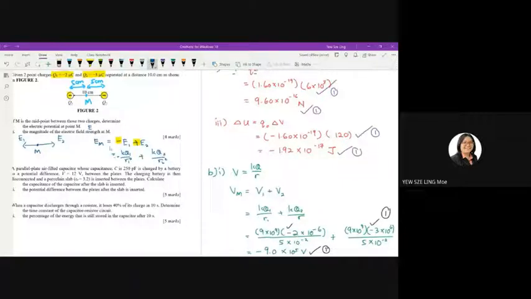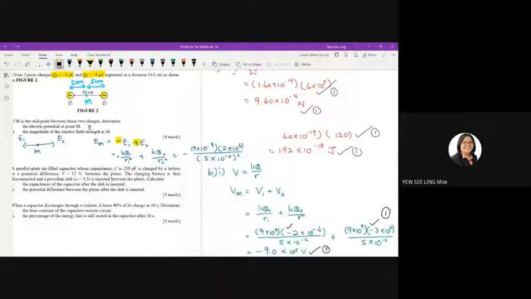Now, when it comes to electric field, because you are looking at a vector quantity, therefore you ignore the negative sign in your substitution. So 9 times 10 to the power of 9, now the charge you substitute as a positive value, 2 times 10 to the power of negative 6 over 5 times 10 to the power of negative 2, and then don't forget the square.